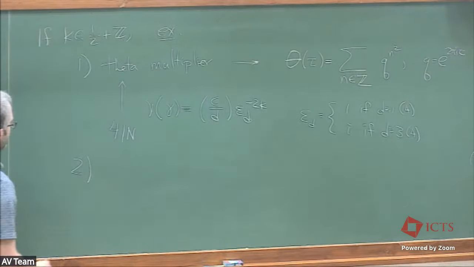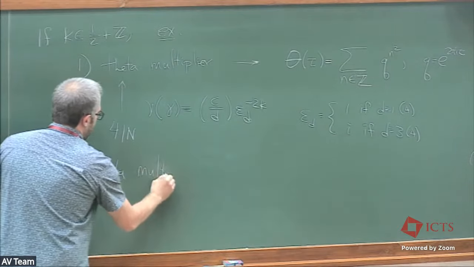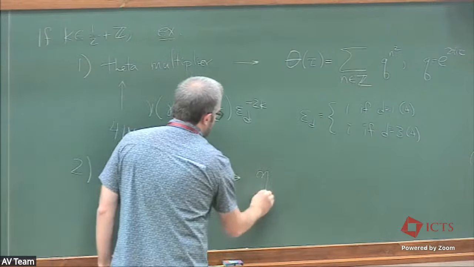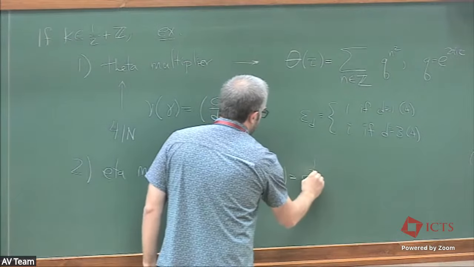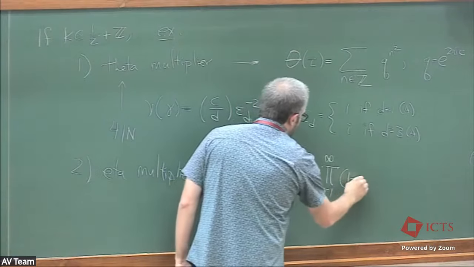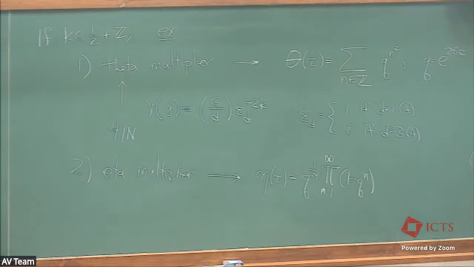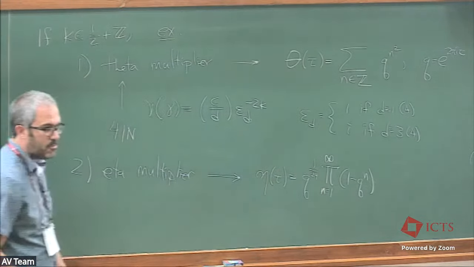Another one that's interesting is the eta multiplier. This is associated to the Dedekind eta function, which is q to the 1/24th times the product for n equals 1 to infinity of 1 minus q to the n. You'll notice this is the 24th root of the delta function that showed up in Professor Murty's talk. And the inverse of this is the generating function for partitions.